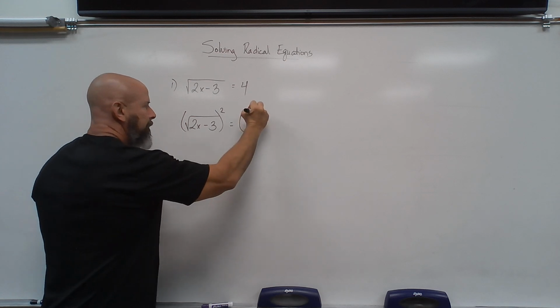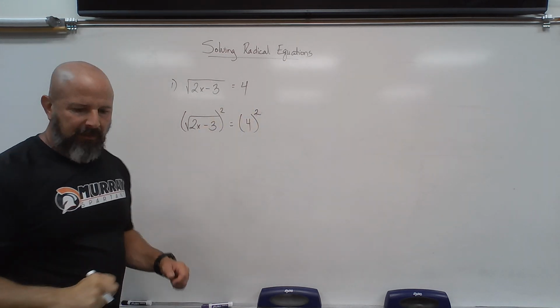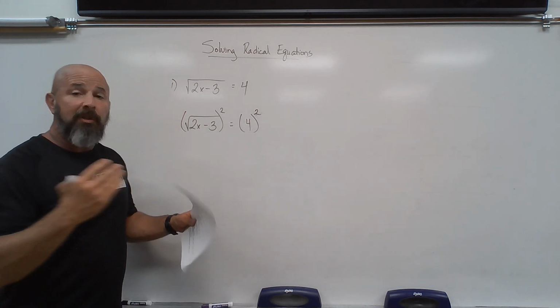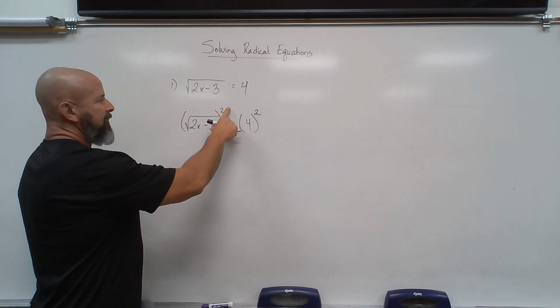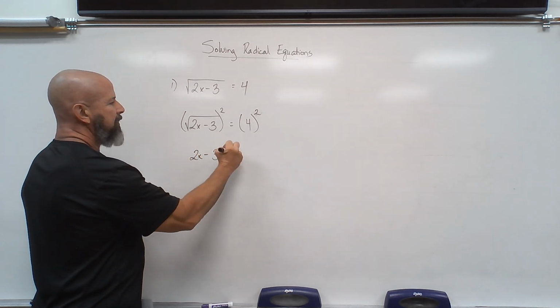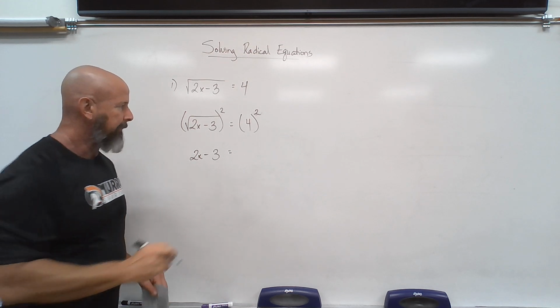Now remember, our primary rule for solving equations is I can do anything I want as long as I do it to both sides. Okay, so I can square both sides. And what this is going to do is, if I square the square root, that's going to leave me with just what was inside, that 2x minus 3 in this case.